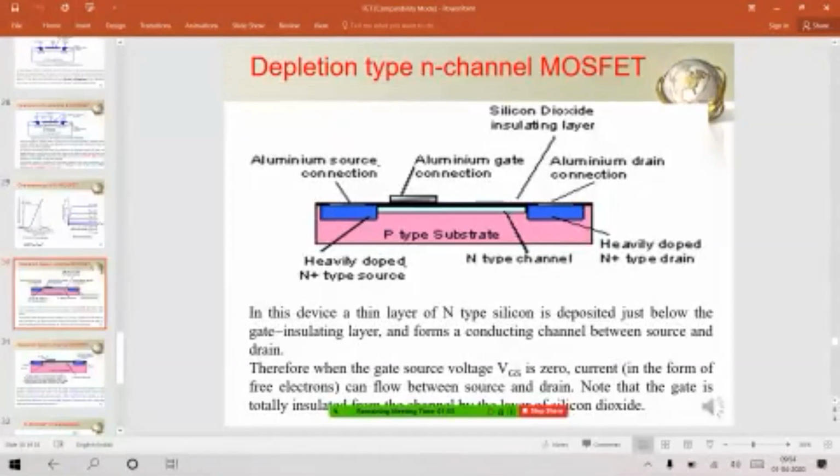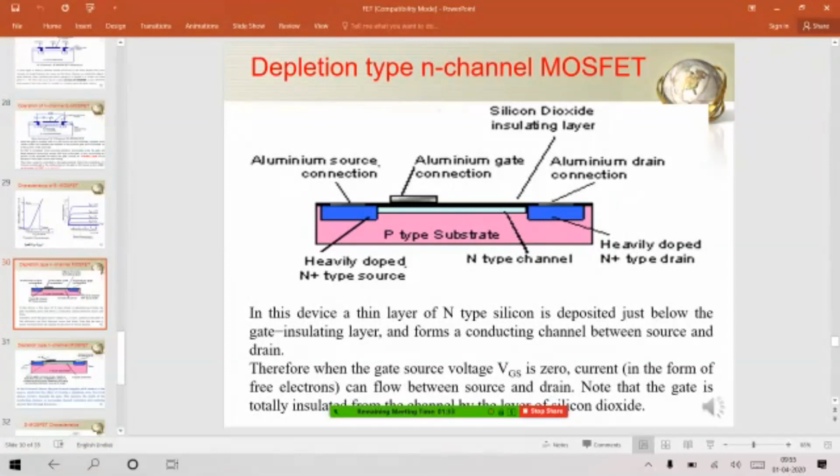So as you know, again, I need not repeat, but if you have doubt, some people have doubt, I can tell again that this region is the source region, which is very heavily doped with N type material, and this is the drain which is heavily doped with N type material. N plus indicates it is externally doped, a highly doped region. Okay, so an N type channel you are establishing because you are talking about N channel MOSFET only, but depletion, because in depletion there is a channel existing.